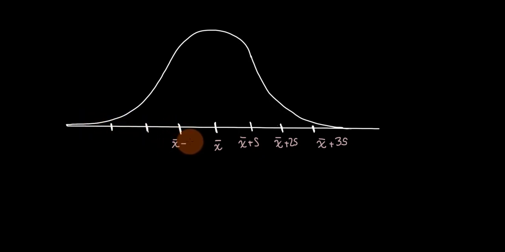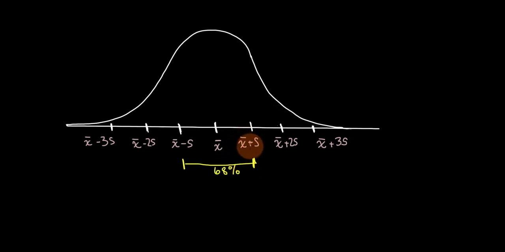X bar minus s, X bar minus 2s, and X bar minus 3s. And as we've already noted with the definition of the empirical rule, the amount of observations expected within one standard deviation of the mean, that's 68%.